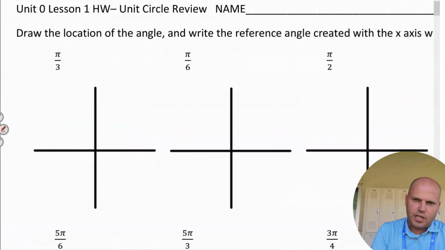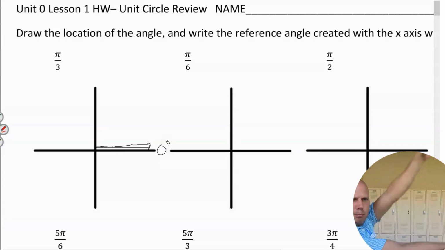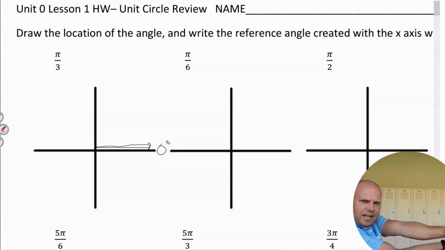The other first thing we need to know is where we start. We like to start at an angle of 0 degrees. 0 degrees being over here to the right, where our initial ray and our terminal ray are both over there. So think about my hands being together. My hands are together. I have a 0 degree measurement or a 0 radian measurement.